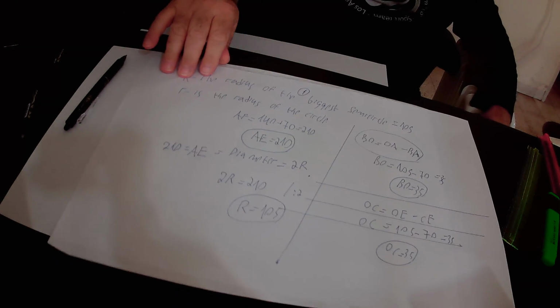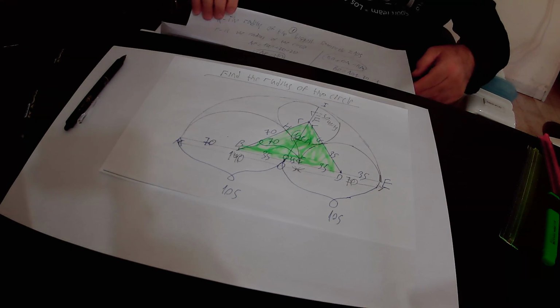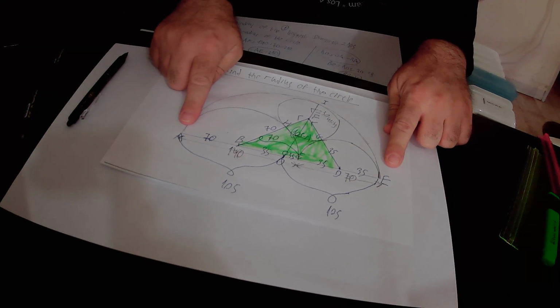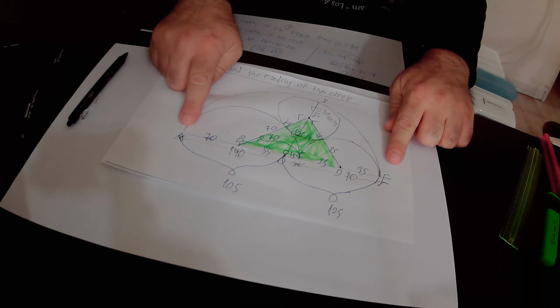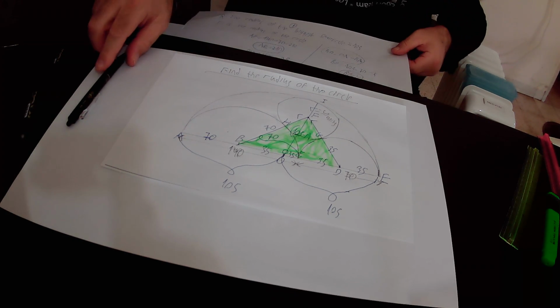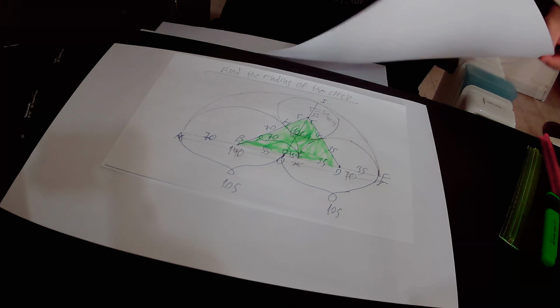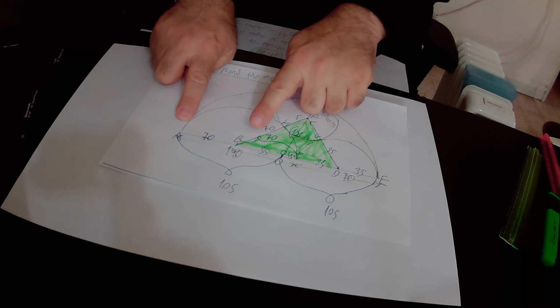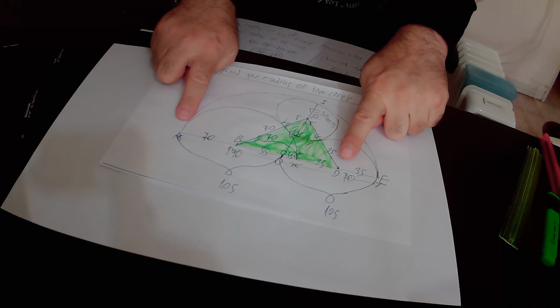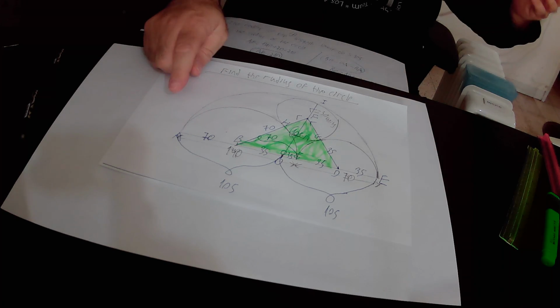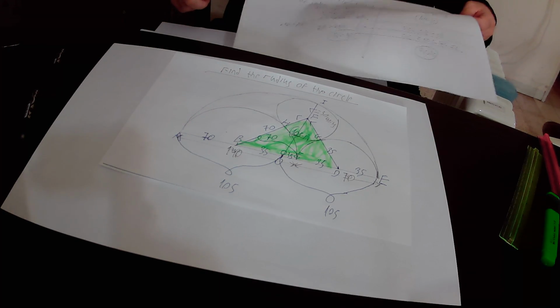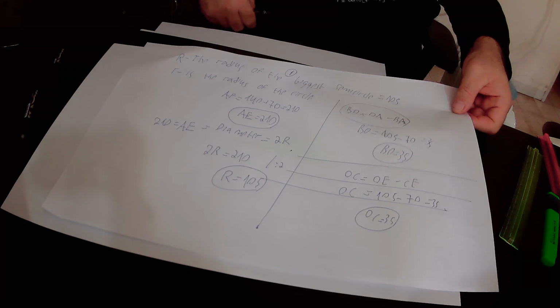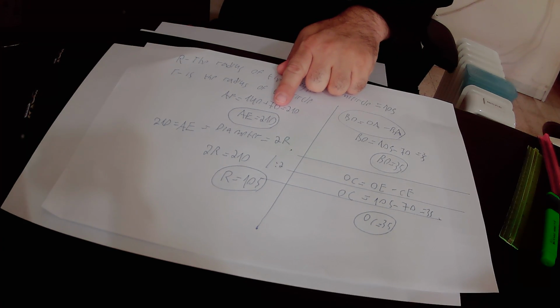According to what is given in the question, line segment AE equals 140 plus 70 units in length. So AE equals 140 plus 70, which is 210 units.